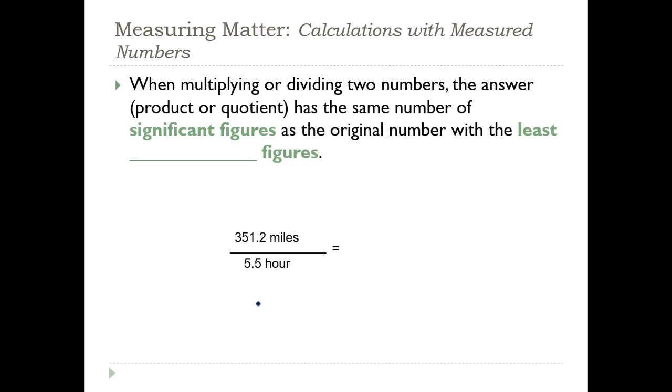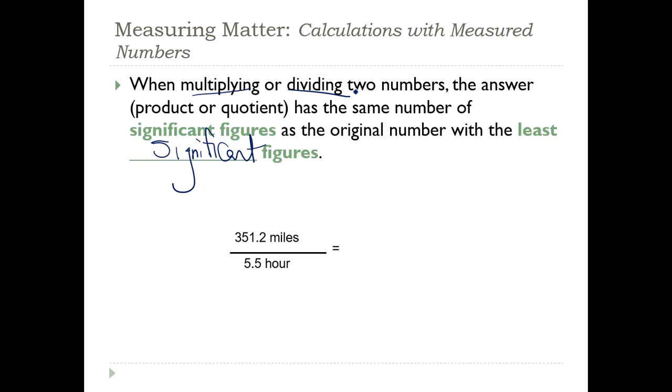When multiplying or dividing two numbers, the answer has the same number of significant figures as the original number with the least number of significant figures. So the rules differ for multiplication and division versus addition and subtraction.